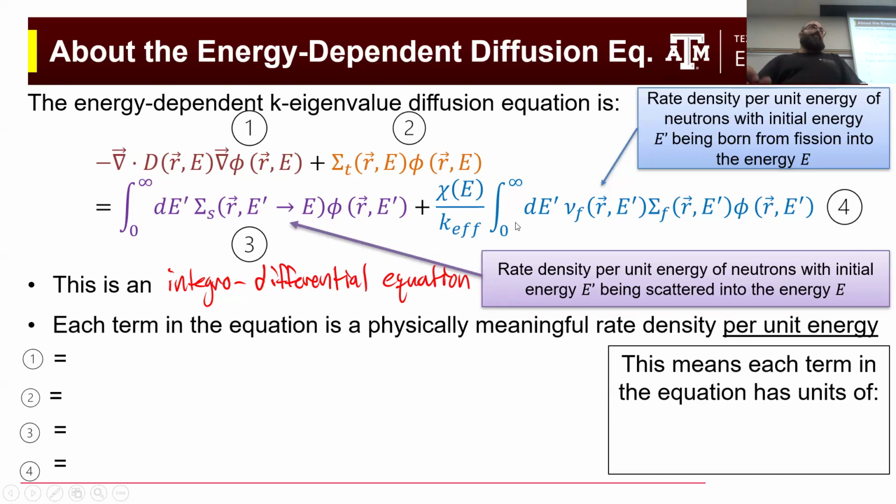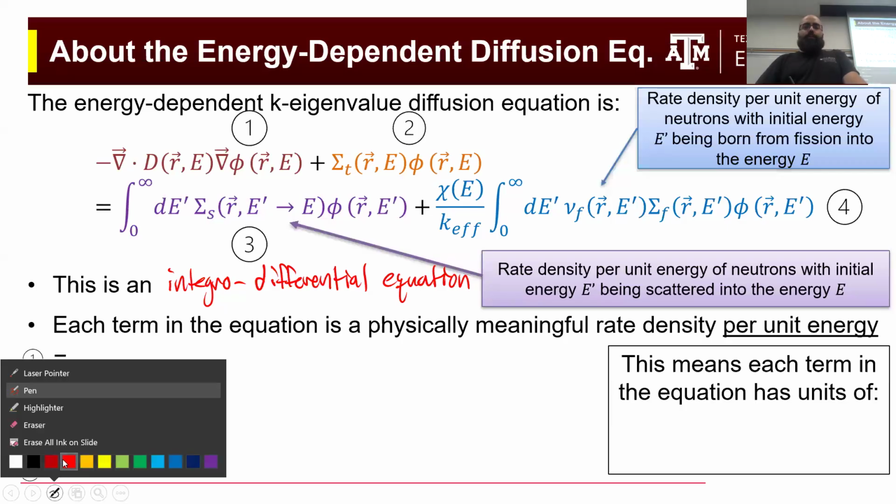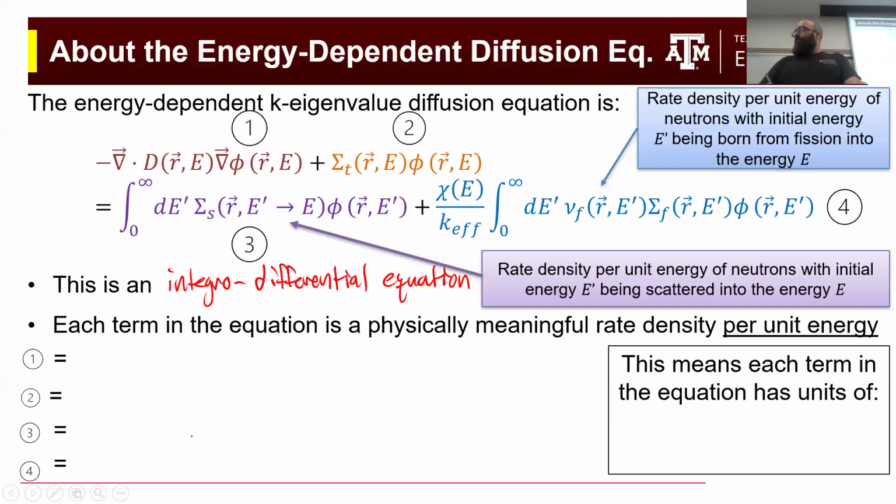This is fundamentally just a conservation statement. And so each of these terms is telling me something about either gain mechanisms or loss mechanisms. Each term in this equation has units, so let's look at these terms to think about what the units are going to look like.